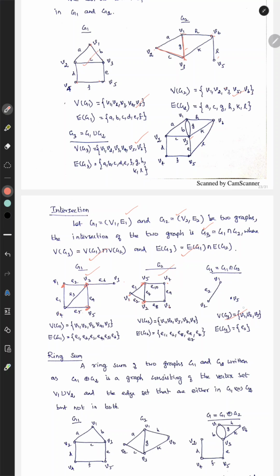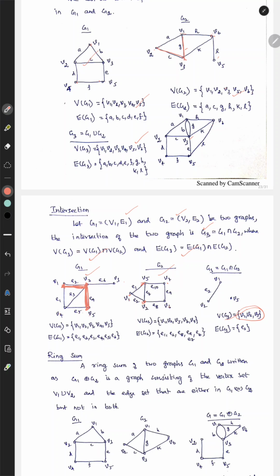So you only need to check the edges which have these vertices as end vertices. V1, V2 is such an edge. V1, V5 is not there here, so it won't be there. Now V2, V5 is there. So only these edges you check for the intersection.